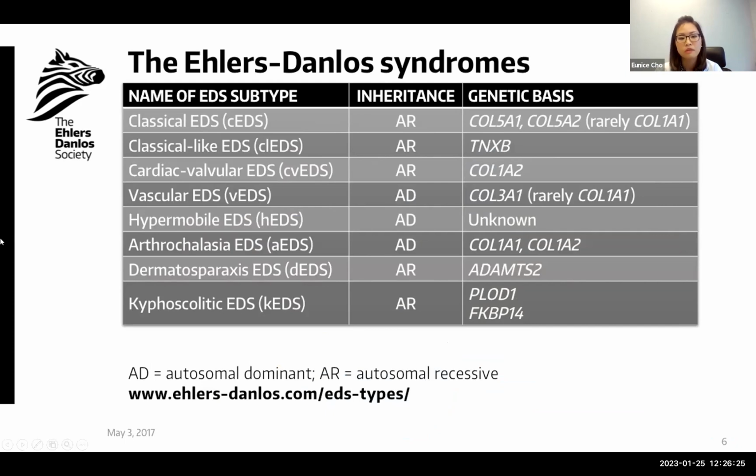Depending on the subtype, it can be autosomal recessive, or if you look at the vascular type, it's autosomal dominant. Most of them have a known genetic basis, so it's important to involve genetics colleagues to see what genetic basis they have. But the most common type, as I mentioned, the hypermobile one, does not have a known genetic basis.